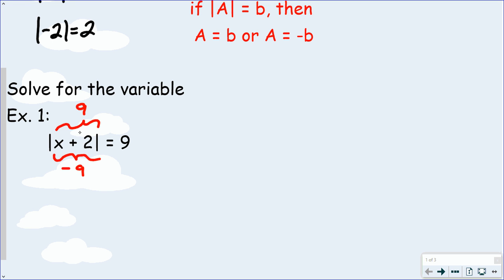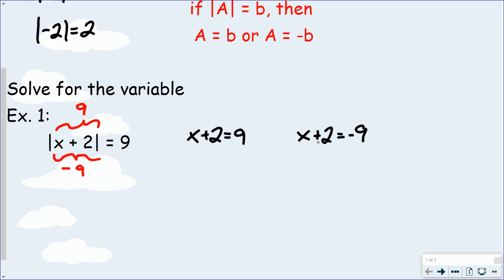So what's inside of here could be equal to 9, or it could be equal to -9. So we're going to have to write two equations. The first equation is x plus 2 equals 9, and the second one is x plus 2 equals -9, because whether this is 9 or -9, you're going to get positive 9 out.